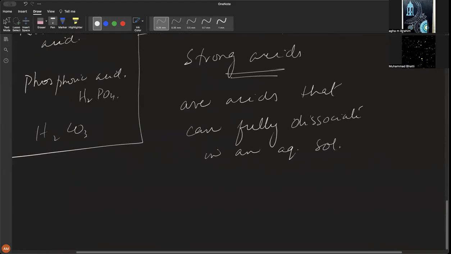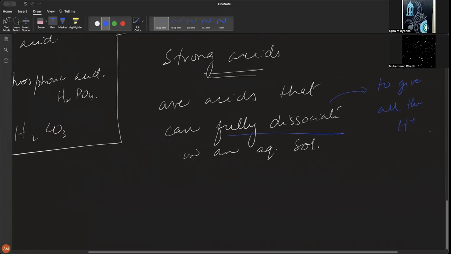What does fully dissociate mean? Fully dissociate means to give all the H positive ions. All the H positive ions get dissociated.